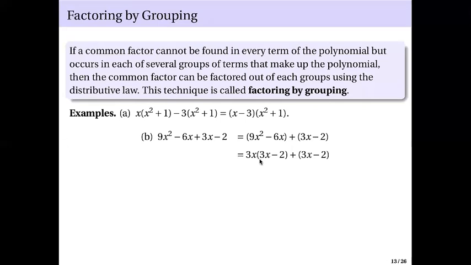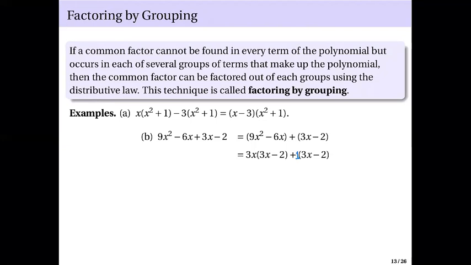And now, you can see here 3x minus 2. There's also 3x minus 2. Keep in mind, this group here is actually multiplied by 1. 1 times 3x minus 2 is just 3x minus 2. So, you can factor out your 3x minus 2.